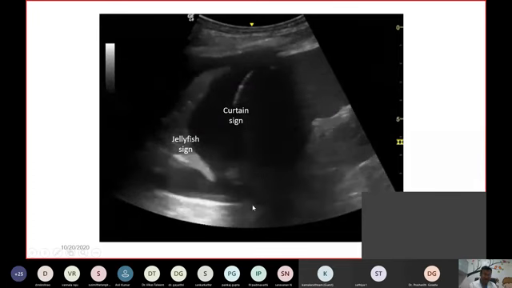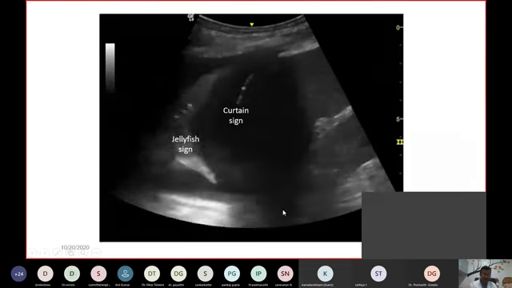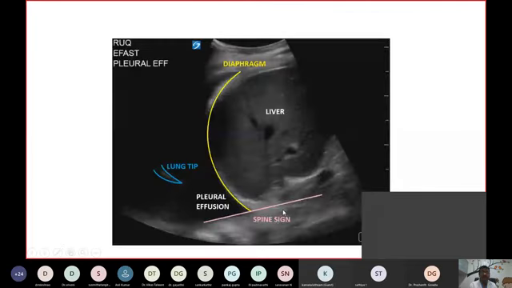That is what we call a spine sign. So if there is an effusion, you are going to see a floating lung tip, that is your jellyfish sign, and you can see the spine beyond the insertion of the diaphragm. That is what we call a spine sign.